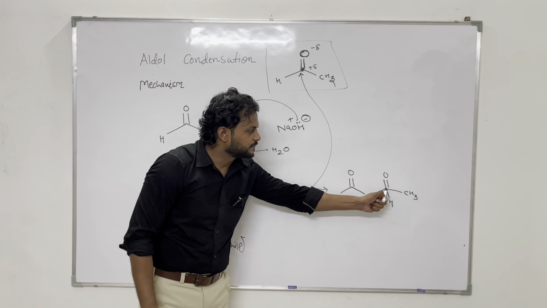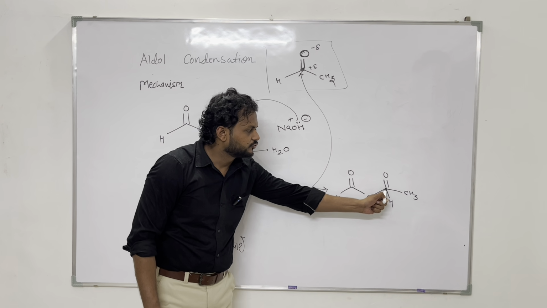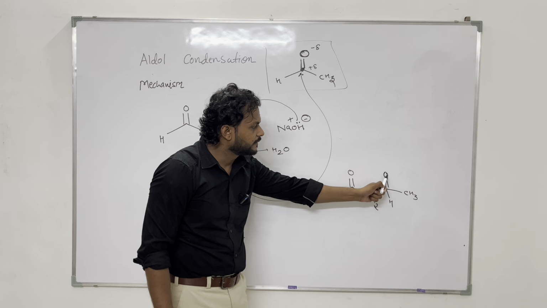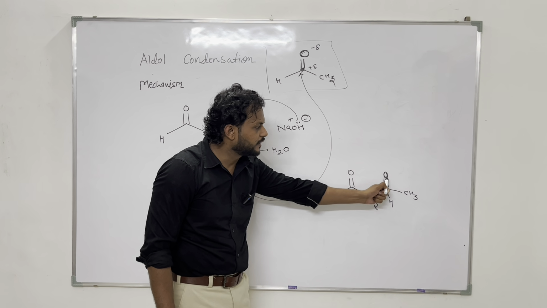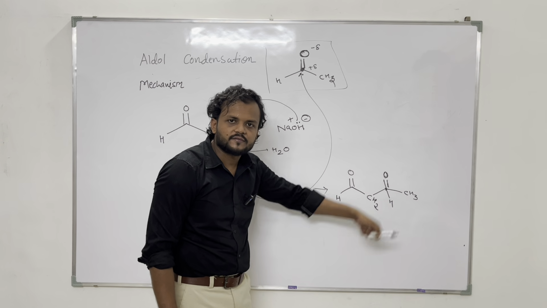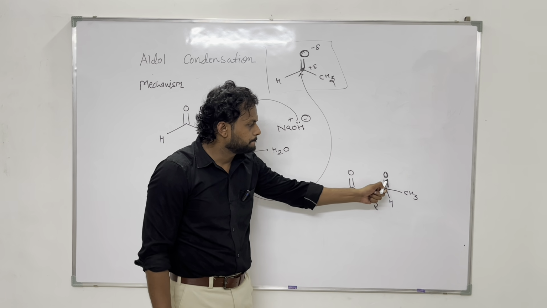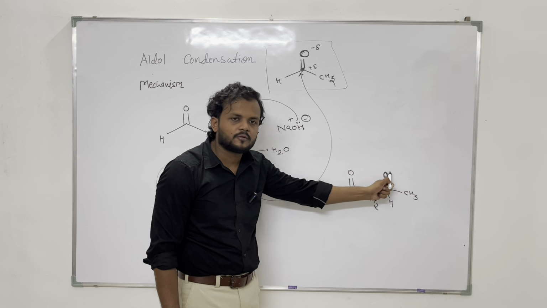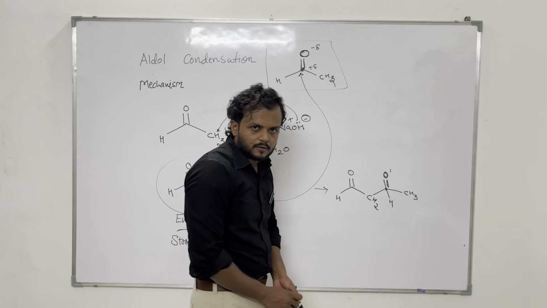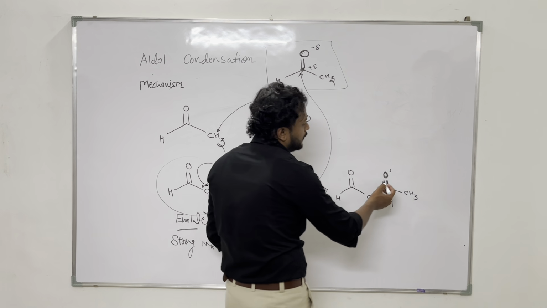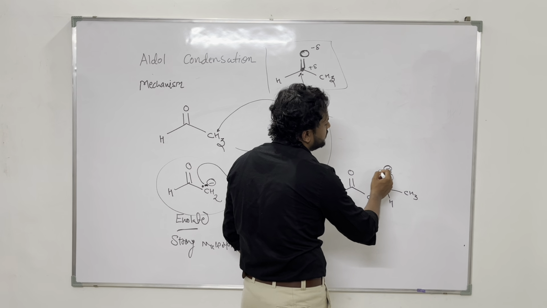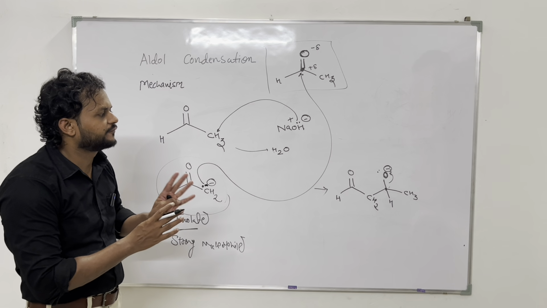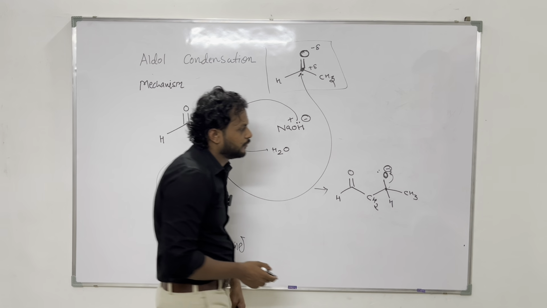And now this carbon has 5 valency. So to stabilize that, this oxygen will accommodate this pi bond in the form of electrons, and now there is a formation of an oxyanion. This kind of intermediate will form.